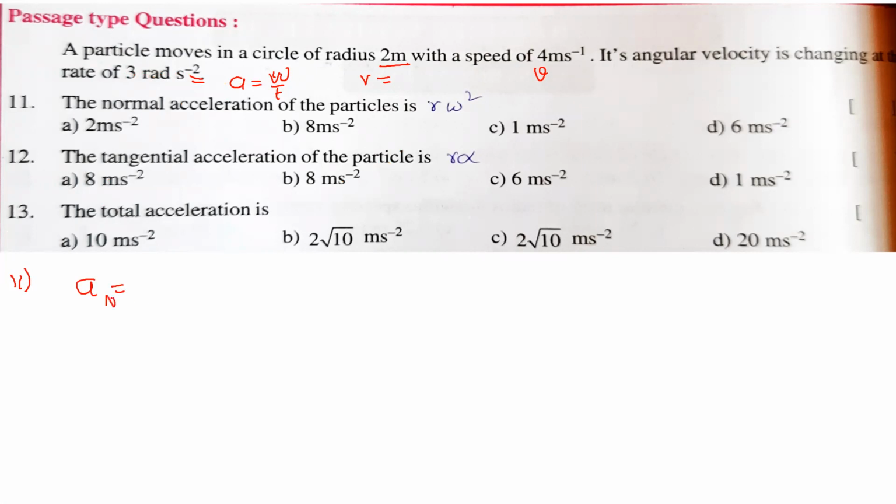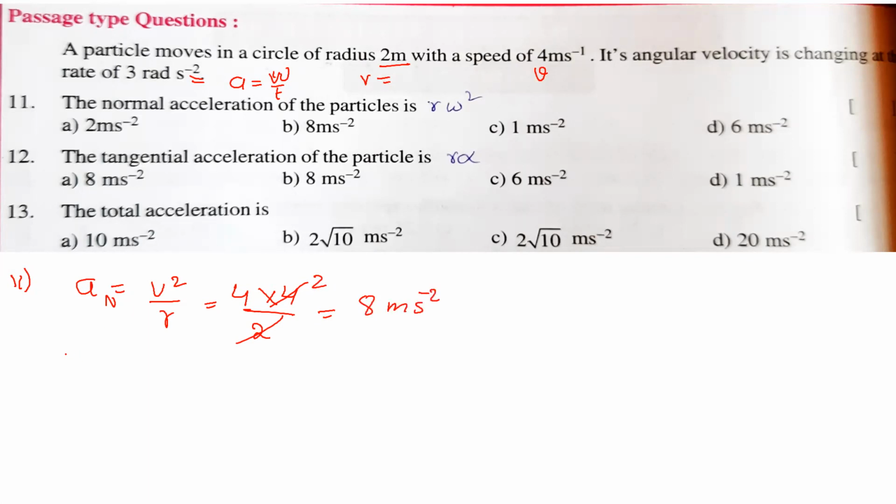We can also use the formula v square by r, where v is 4, so 4 into 4 divided by r, radius is given as 2. Simplify this: 2 ones are 2, 2 twos are 4, and 4 twos are 8. You can write it as 8 meter per second square.